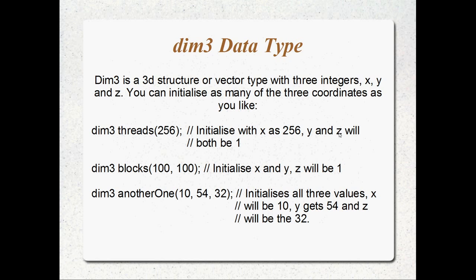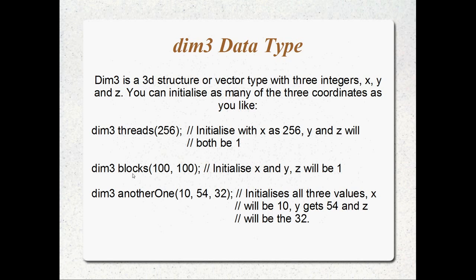Y and z, the other 2 dimensions, will actually be set to 1. The reason is that you multiply the dimensions quite a bit, and if they were initialized to 0, anything multiplied by 0 just gives you 0, so that would be no help at all. So they're initialized to 1.